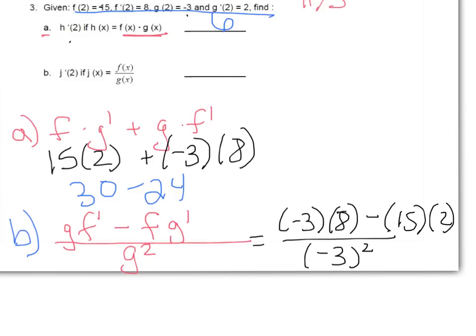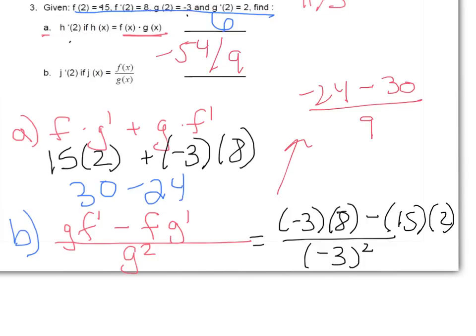So then calculating that, that's -24 minus 30 divided by 9. So that's -54 divided by 9, we get -6.